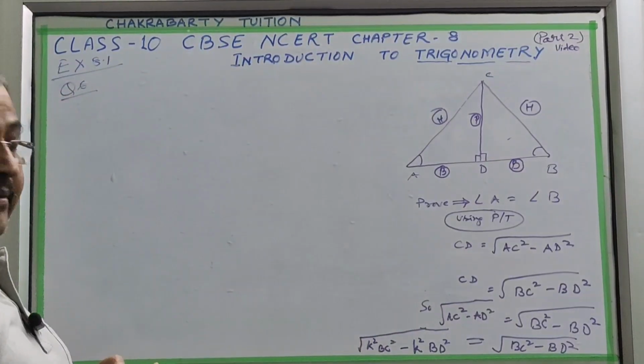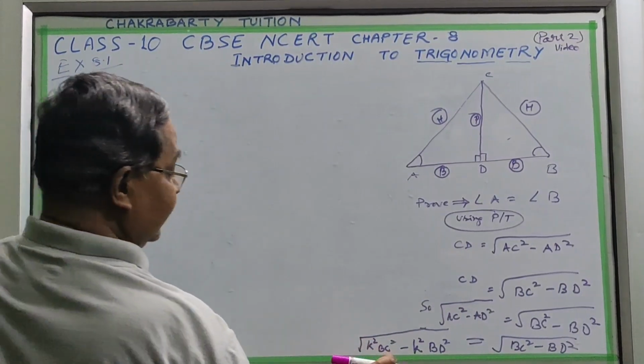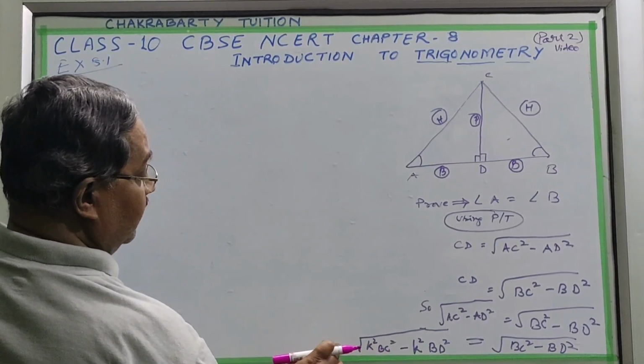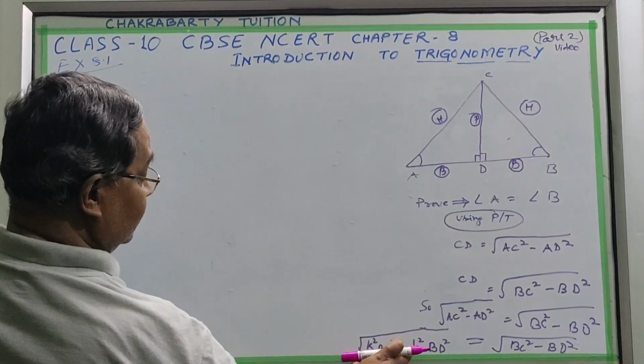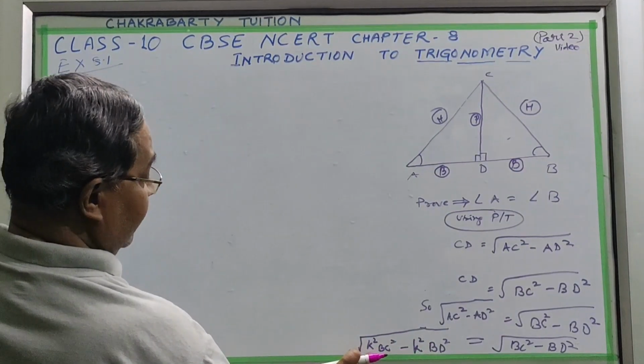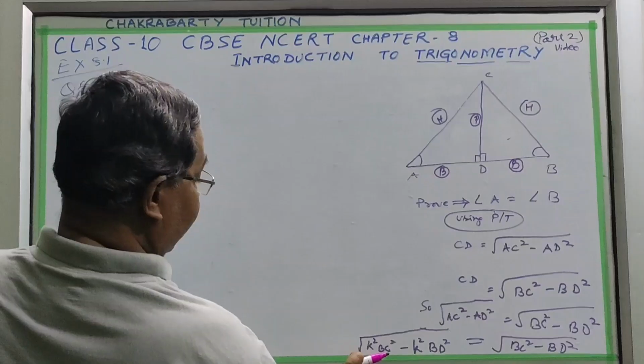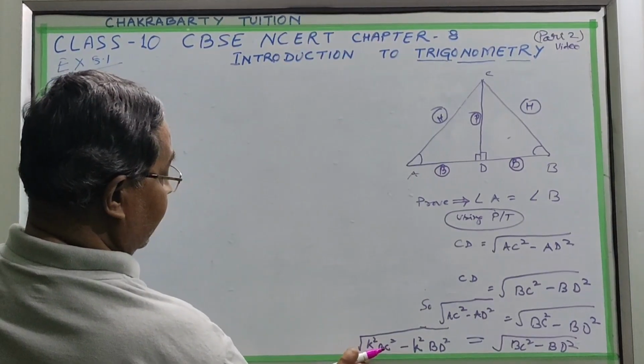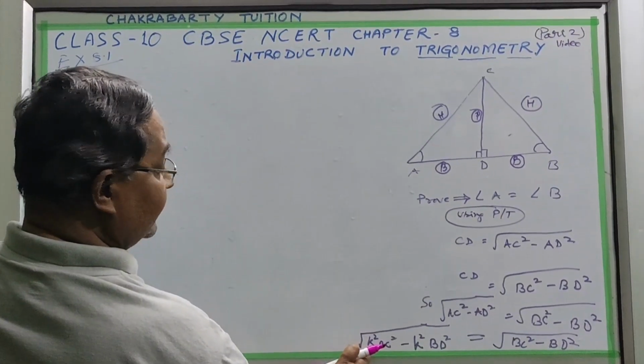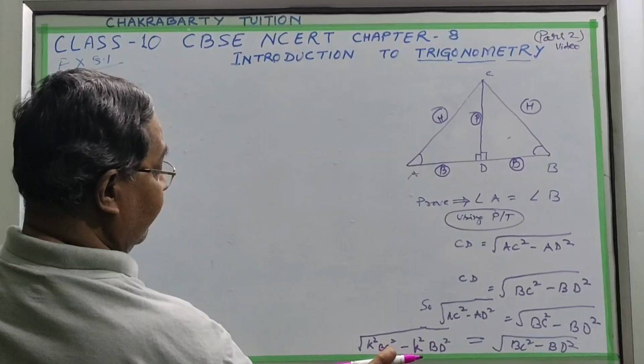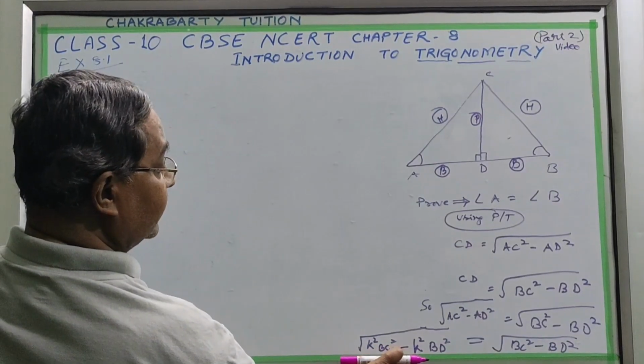Okay. So now here we can put out K square minus K square. If you take out K as a whole number, K square, BC square minus BD square.